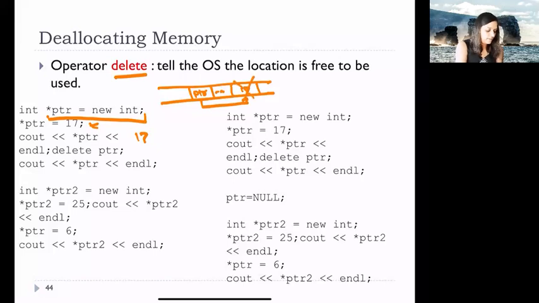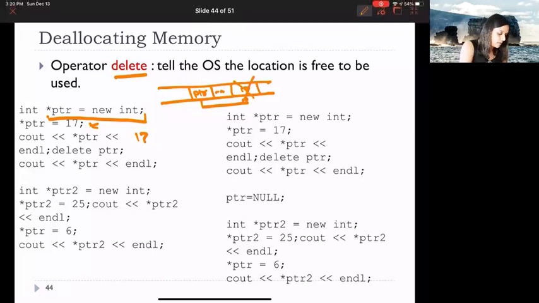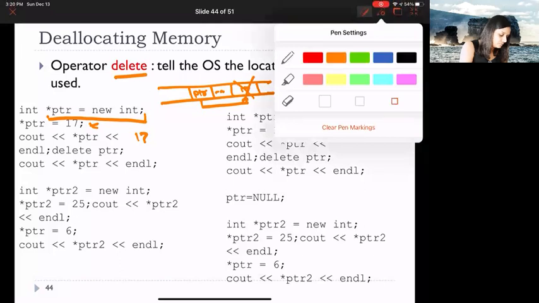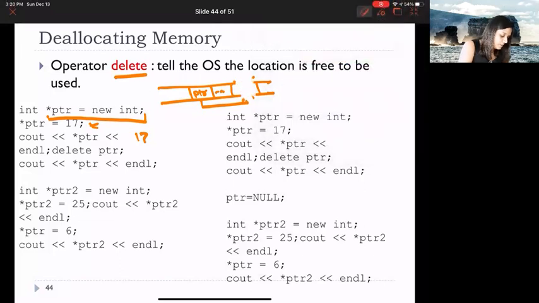So you're deleting the 17. Okay, we deleted that. Then after that, you are again printing. After you delete it, it will store 0, so it will print 0.